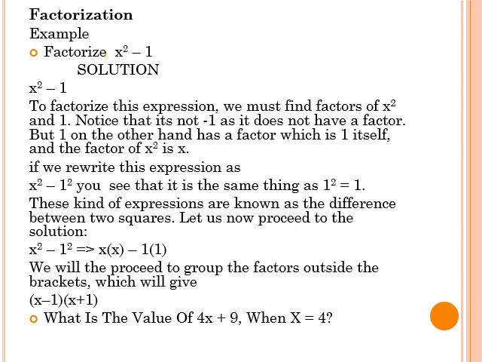We have x minus 1 in one bracket and x plus 1 in the other bracket. If you expand this, you are still going to get our initial question. I believe you all know that is how factorization works. When you multiply the quotients by the factors, you get your question back.